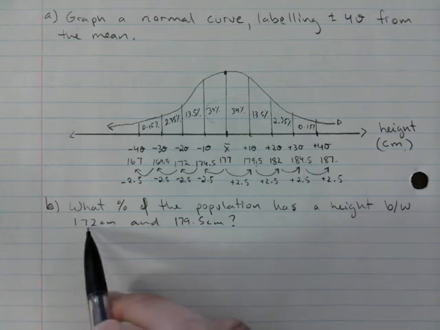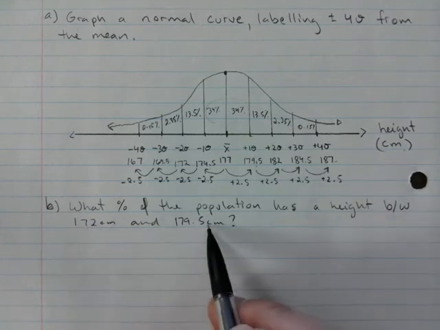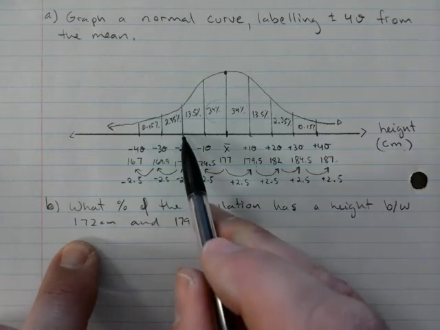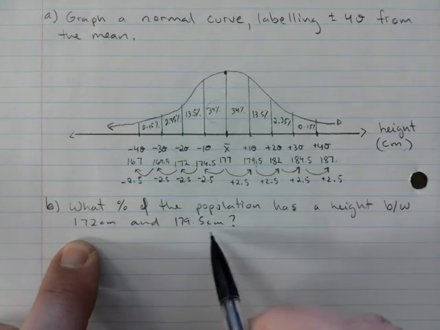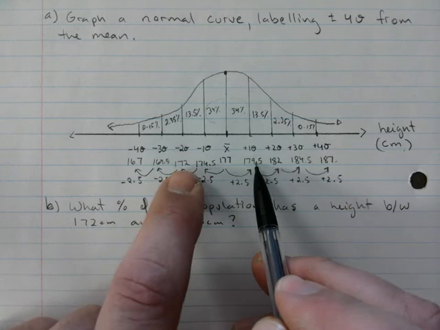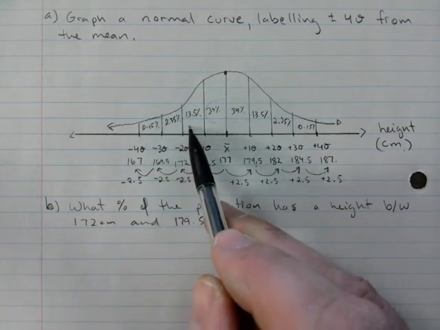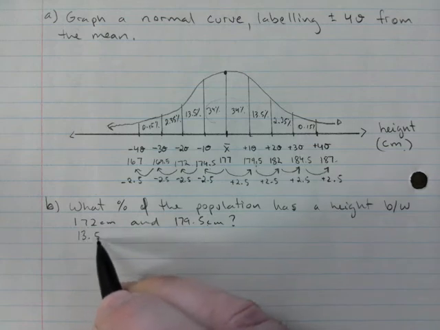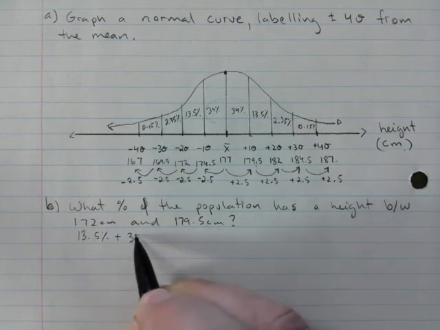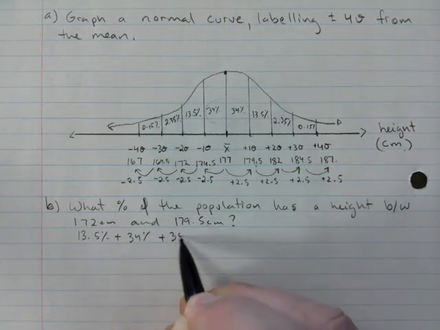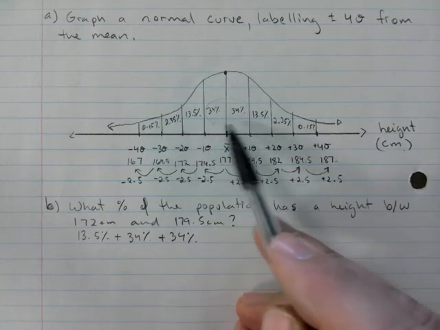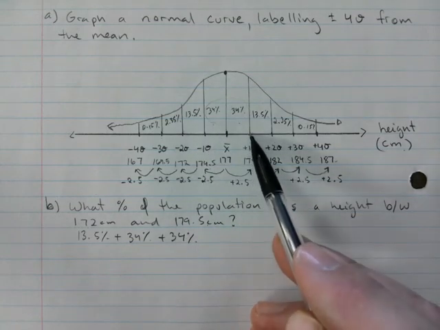So between 172 and 179.5, I start at 172 here, and I will go all the way to 179.5, right? So from here to here. So 172 is right here, so I need to go 13.5% plus 34% plus another 34%, right? And that gets me there.